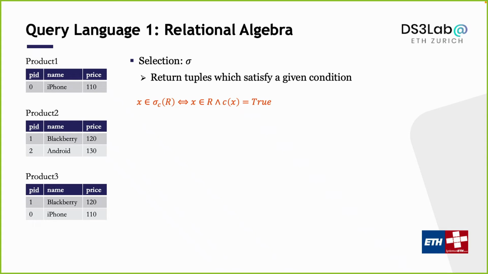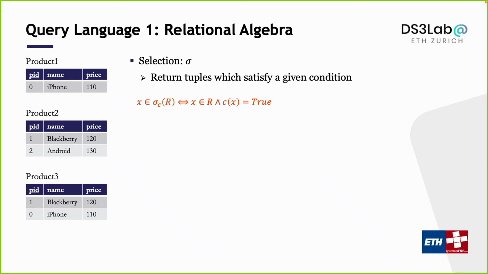So what do we mean by this? Essentially, if the tuple X is in the result of the selection query over R, it means that X must appear in R. You cannot create new tuples out of nowhere. X must be in the original relation.